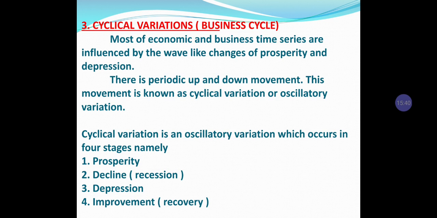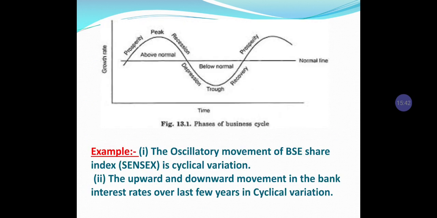Mostly we see this in a diagram. In this example we have a prosperity, then it reaches the peak, then recession, it moves down, then depression where it moves below the normal line, again it touches a certain point, then recovery, it moves to the top, then again above the normal line is prosperity.